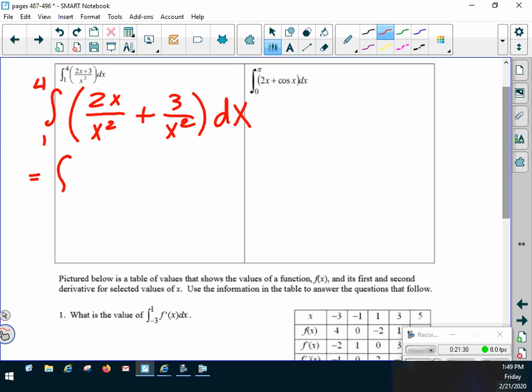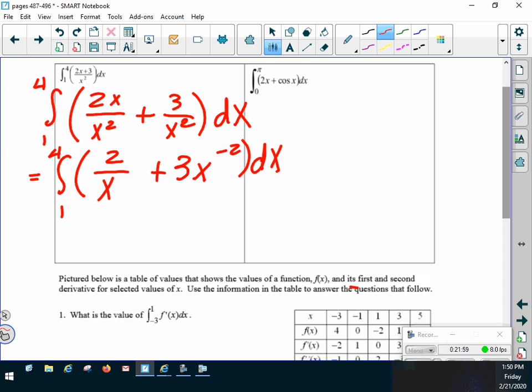So that's the integral from 1 to 4 of 2 over x, which we're going to write as 2x to the negative 1, plus 3x to the negative 2. Now I'm going to back up and change my mind and write that back as this.